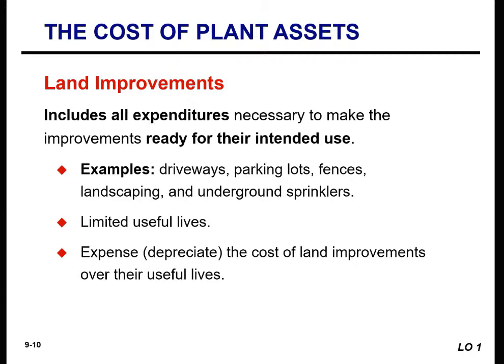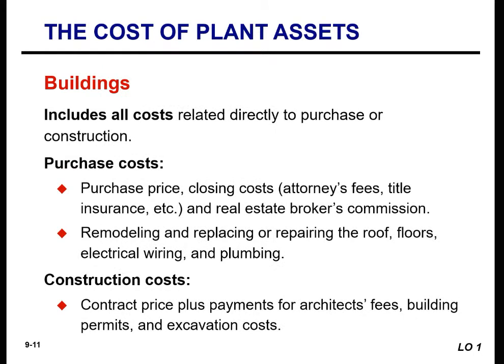Continuing to build up, we started with land, went to land improvements. Next, we would have a building. Buildings are facilities used in operations such as stores, offices, factories, warehouses, airplane hangars. We include in the cost of buildings all necessary expenditures related to the purchase or construction of a building.